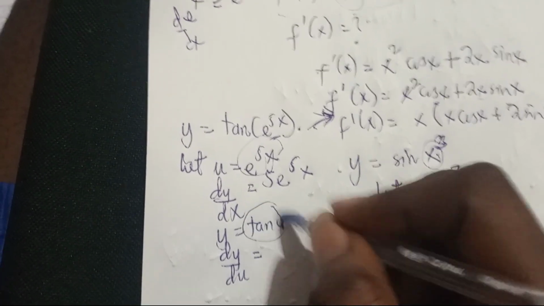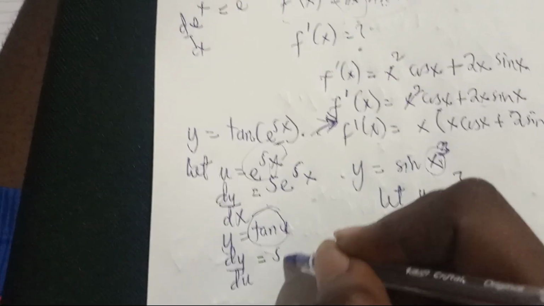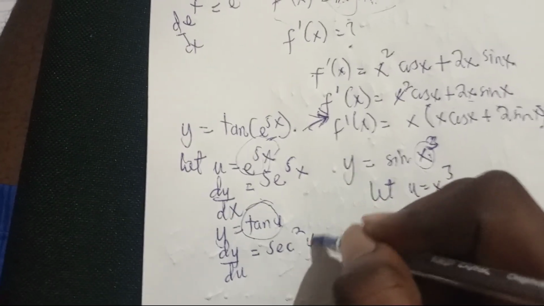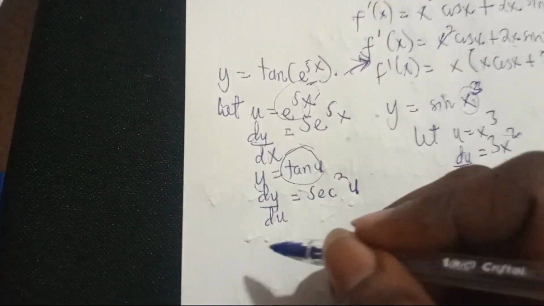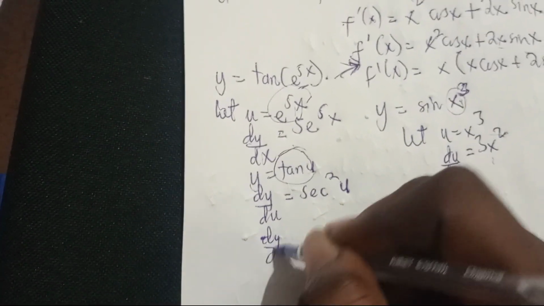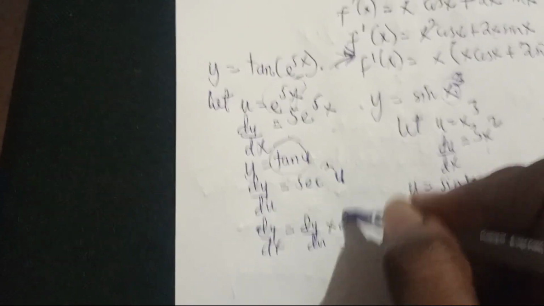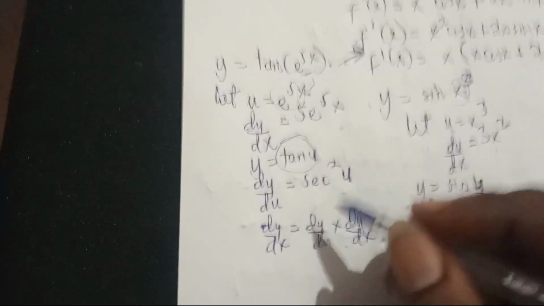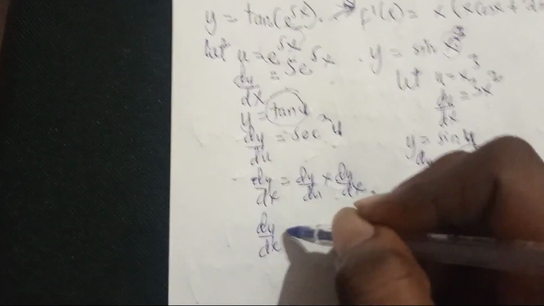You are going to get secant squared, so that's sec squared u. So now we have everything we need in our chain rule. So we can state our chain rule, dy/dx is dy/du times du/dx. So that's going to give us our derivative.